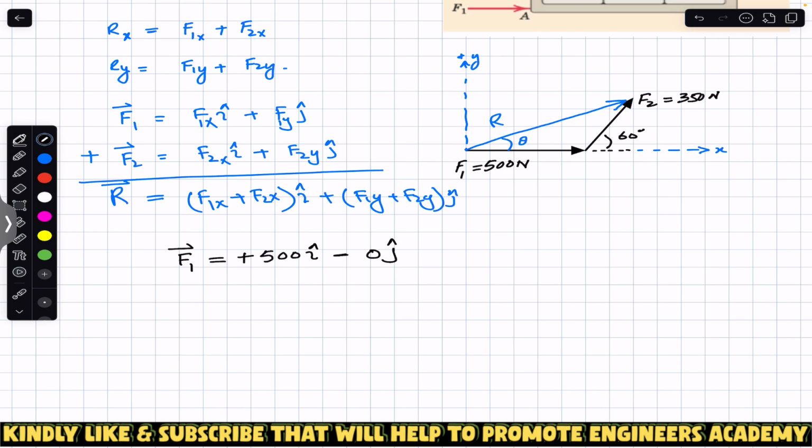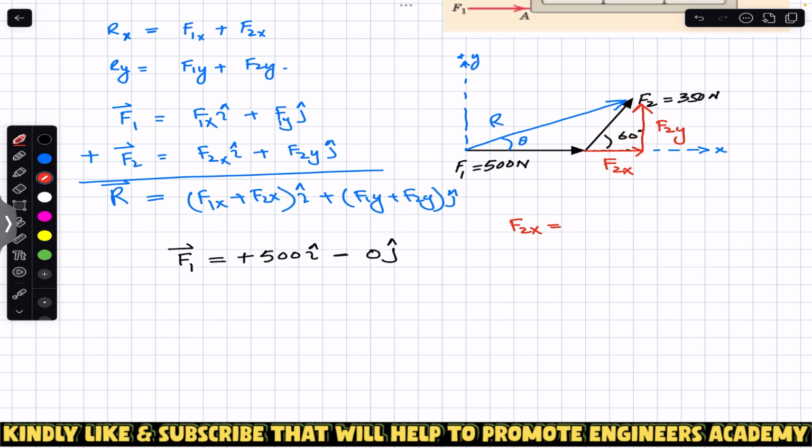And similarly we need to resolve this F2 into its components. So we will have one component in this direction, this one will be F2x, and we will have F2y. Now F2x, since the angle is made with F2x, or we can say F2x is adjacent to the angle, will be the cos component, as we have discussed earlier as well.